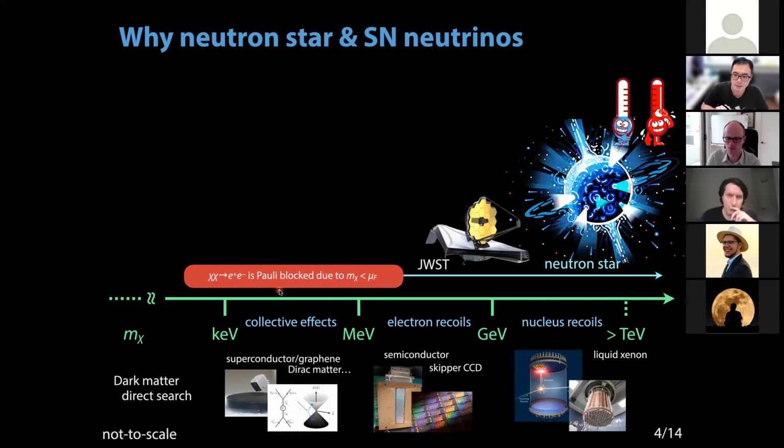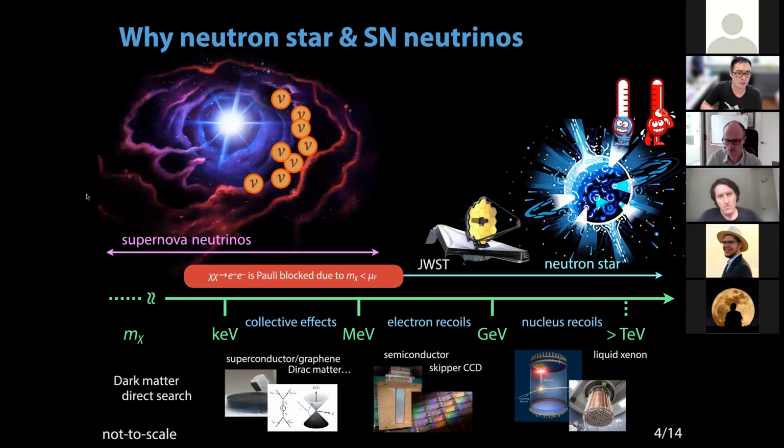So this means that the capability of the neutron star to probe light dark matter is in general not possible. If we want to probe a lighter dark matter, lighter than 100 MeV, or even much lighter than keV, we have to look for an alternative solution. And we found that supernova neutrino is actually a very suitable place for probing light dark matter.